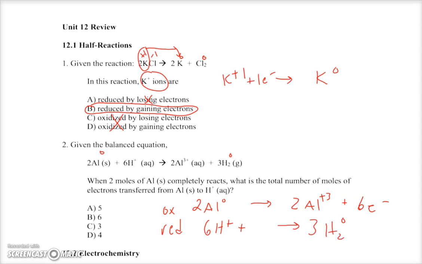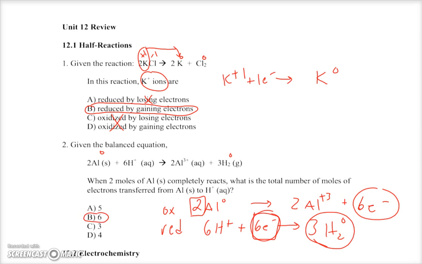We're going to end up with 3 H2 zeros. This is a total of 6 electrons, so the 6 electrons lost here are the 6 electrons gained. Each hydrogen ion is going to gain 1 electron, so there's 6 electrons total for the 6 hydrogen ions total, and you still have 6 atoms over here at the end, each with a 0 charge. So it looks like for every 2 moles of aluminum that completely reacts, the total number of moles of electrons is 6.